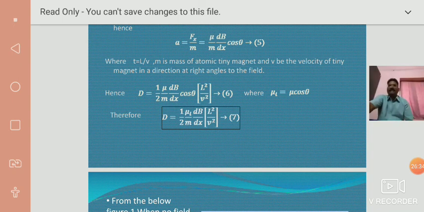Then time t is equal to distance by velocity, that is t is equal to L by v, where m is the mass of the tiny magnet and v is the velocity of the tiny magnet in the direction at right angles to the field.